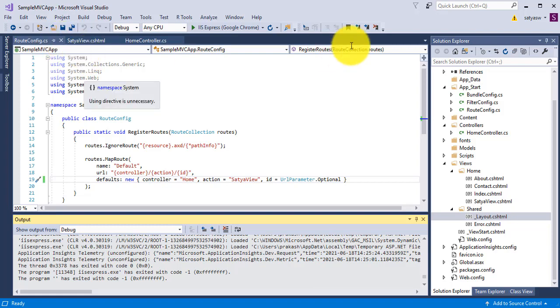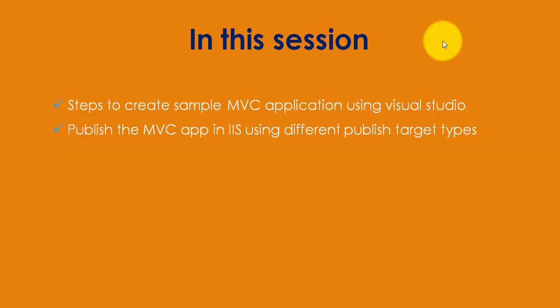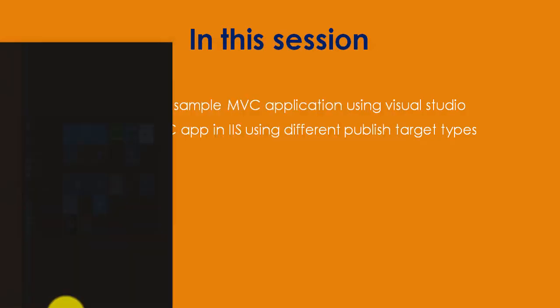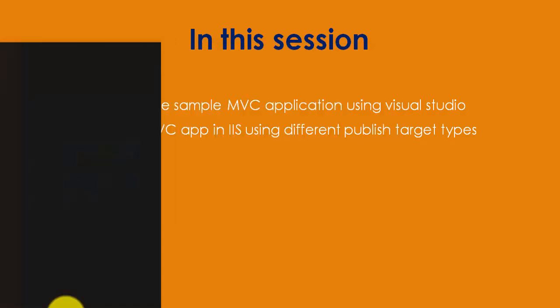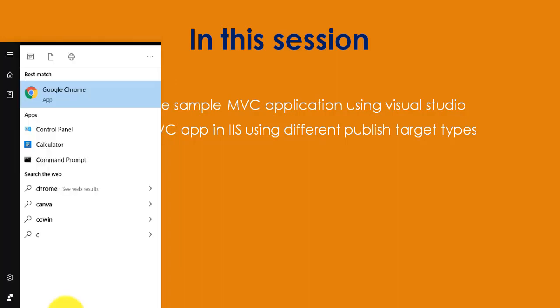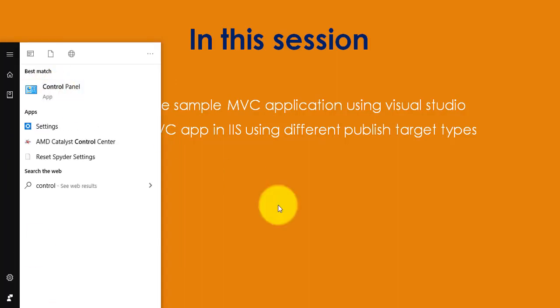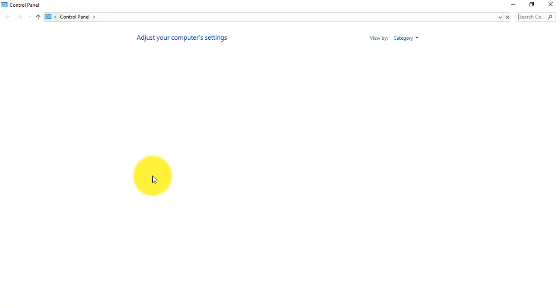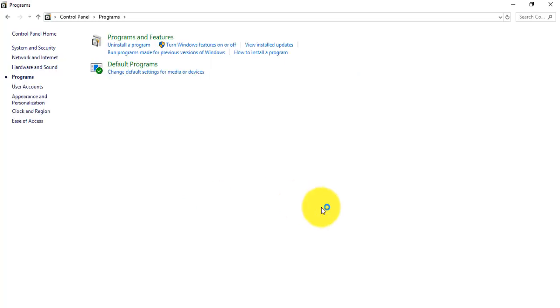Now first thing, I'll go to my IIS. So here I'll click here, and search for the control panel. I'll open this control panel here, and I'll go to programs, and under programs and features there is another option, Turn Windows features on or off.